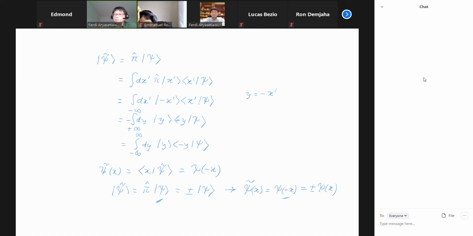So the eigenstates are either even or odd. So the wave functions corresponding to an eigenket of the inversion operator have this property that they are either even or odd.